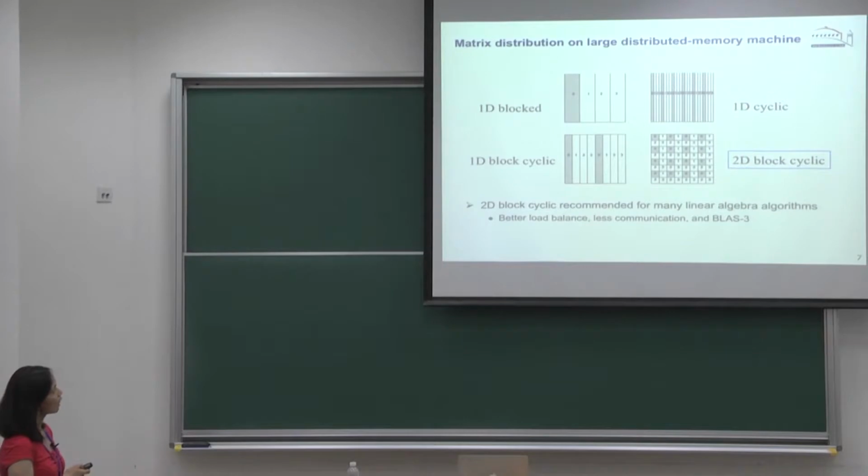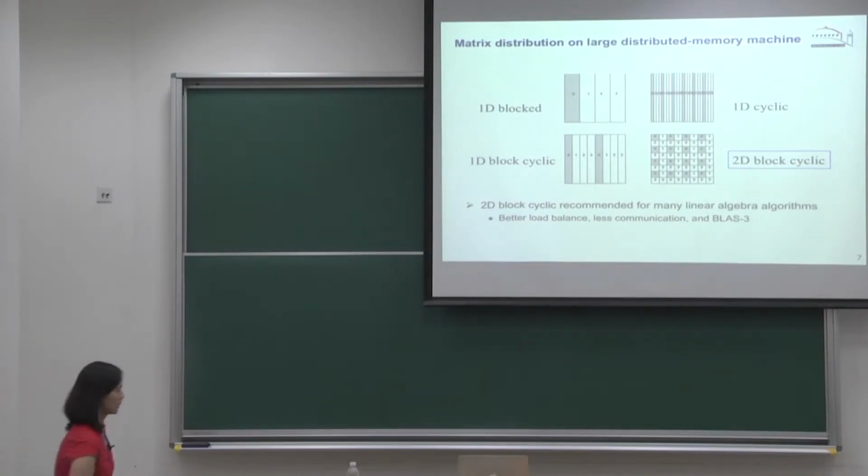And communication-wise, when you do this side communication and that side communication, you only involve square root of p processors, right? Since you have a two-dimensional processor grid, if it's a square grid, then you only have square root of p processors doing this way communication. So the communication is reduced. It's relatively better. And then you have blocks, and you can do the bigger GEMM.